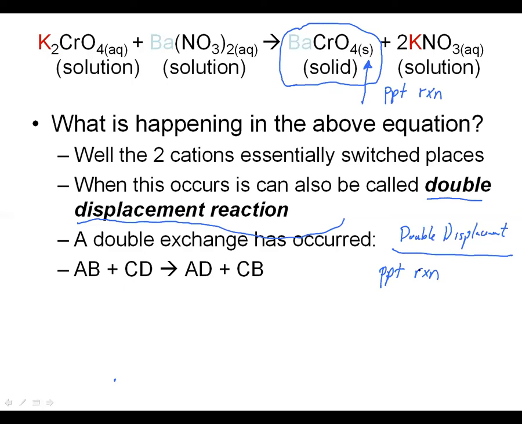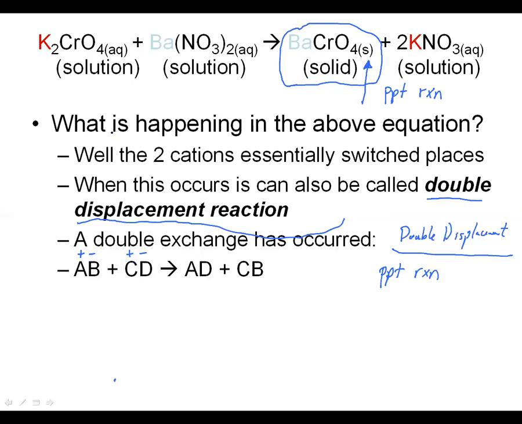Now, in a precipitation reaction, what is really happening is a double displacement reaction. And the way you can recognize that is different from others. You have AB, which is an ionic compound, and CD, which is also an ionic compound. So different from a single replacement reaction where you only have one ionic compound, the way you can identify a double displacement reaction is you actually have two ionic compounds.